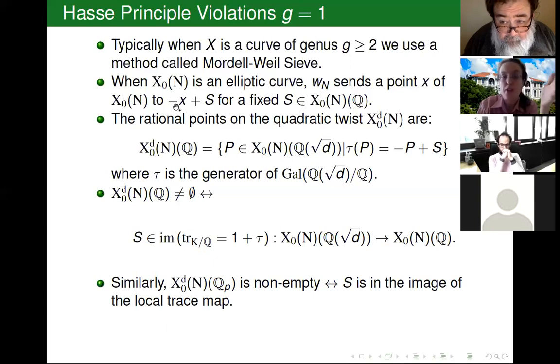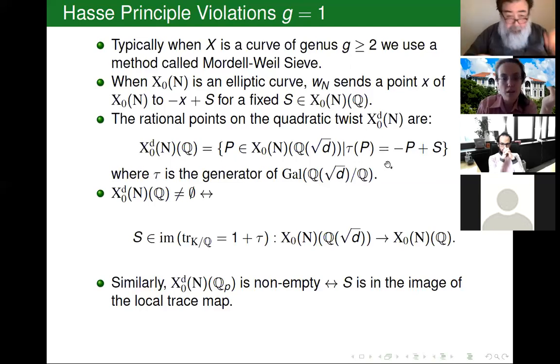Negation is meaningful because I have an elliptic curve. And it translates it. So this Wn is not an elliptic curve automorphism. It's an automorphism as a genus 1 curve because there's a translation here. So that's what it does. It takes a point, negates it, and translates it. And I'm trying to figure out what kind of points are fixed in this sense.